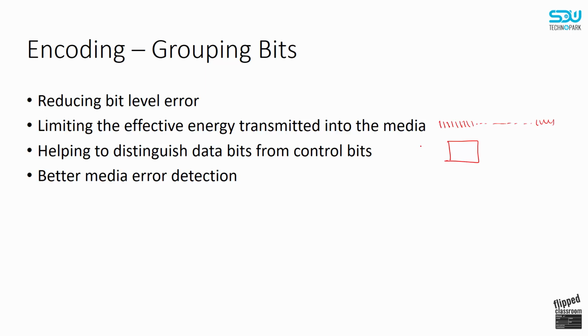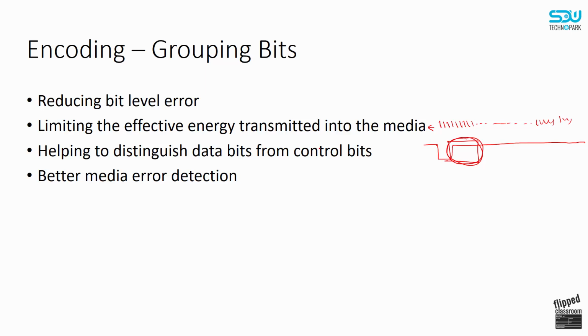When you have 1, you have power on, like 5 volts, and when you have 0, it is like no voltage. When you have a lot of ones, you have to send a lot of signals without any changes, and when it is too long, maybe your networking interface card will be heated and can even be broken. So this is one of the reasons for using encoding, and it also helps to distinguish data bits from control bits.